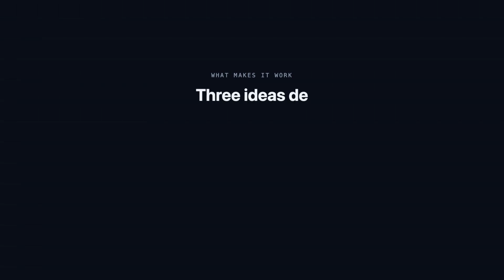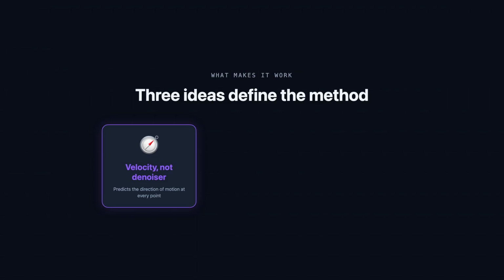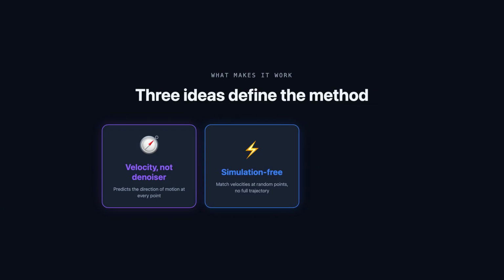Boil it all down, and 3 ideas really define flow matching, and each one buys you something concrete. It learns a velocity field, not a denoiser. The model's job is to output the direction of motion at every point, describing a smooth flow that carries noise into data. Training is simulation-free along nearly straight paths.